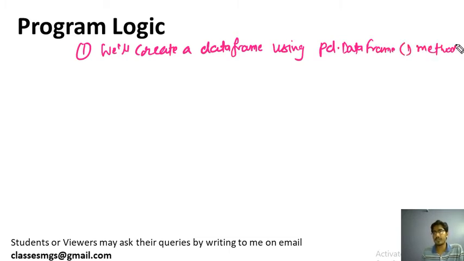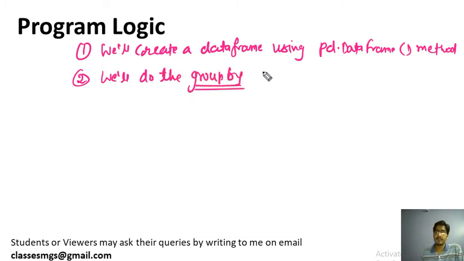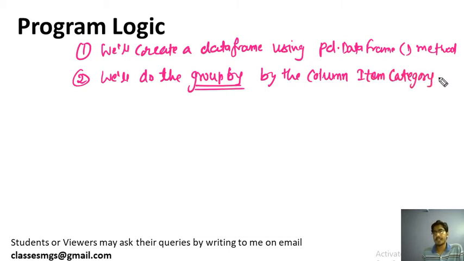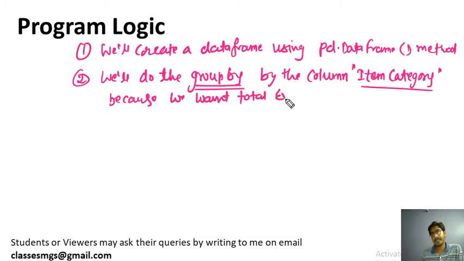I will show how to create this. Then what we will do, we will group by the column item category, because we want the total expenditure of each category, total expenditure category wise.